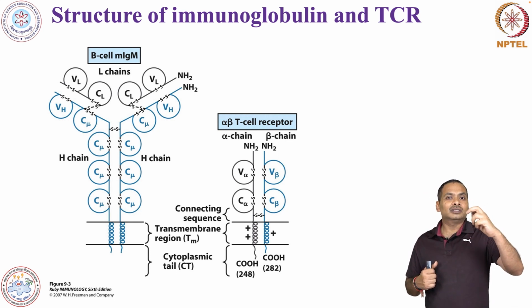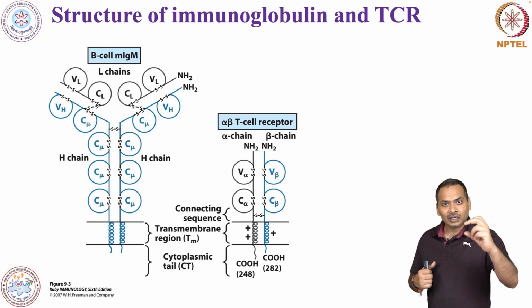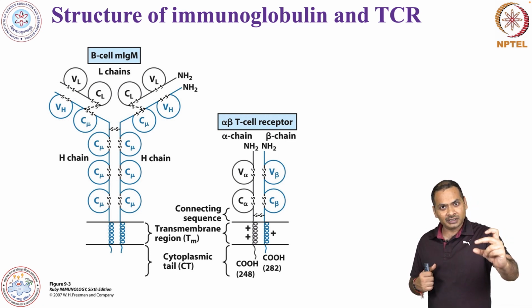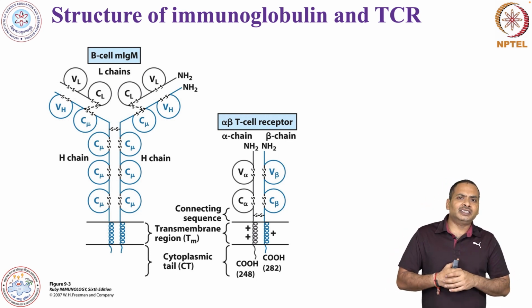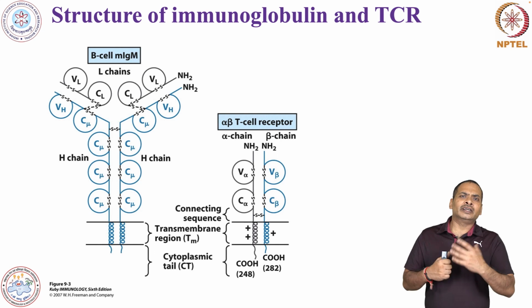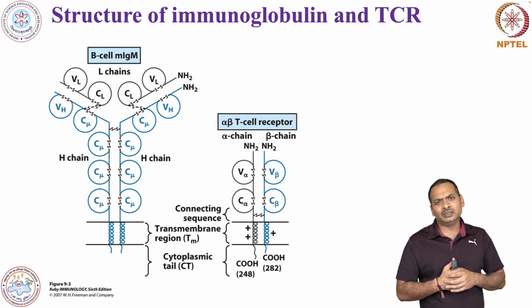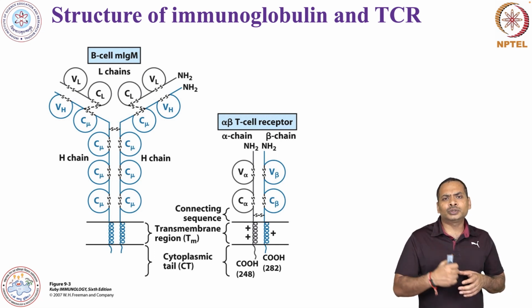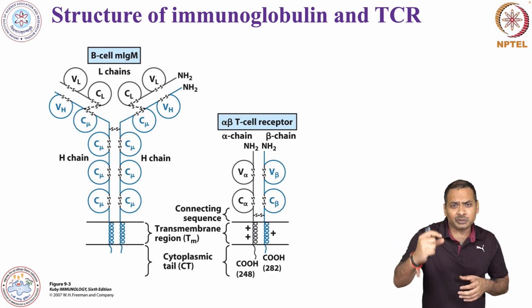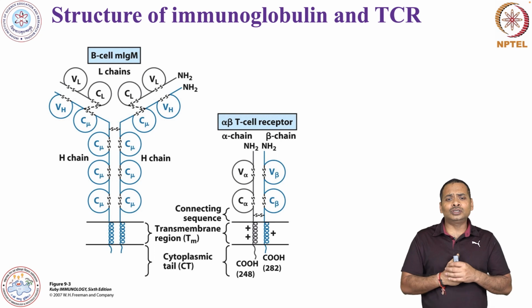There are variable regions and constant regions. So, the alpha TCR chain is like a light chain and has a variable region as well as a constant region, and the beta chain is like a heavy chain in an antibody, or IgM, and here also you can notice a variable region and a constant region.